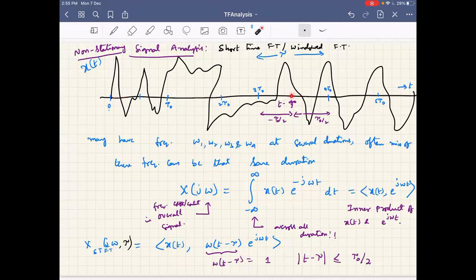That is localizing the frequency content in time. So if we want to localize in time, we should take a duration in t, and we should be able to tell where this frequency has occurred. That also will help us to tell where this frequency has occurred.